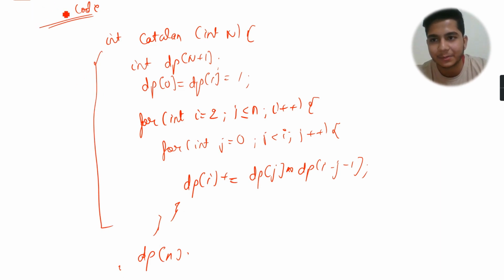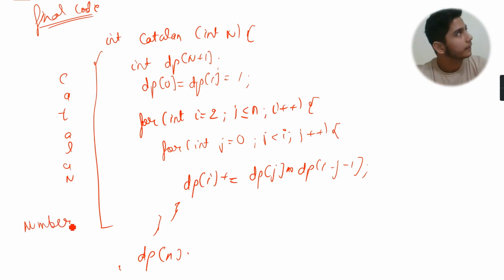I was trying to write dummy code, but it's the final code. We have written it word by word correctly. So it is the Catalan number code.